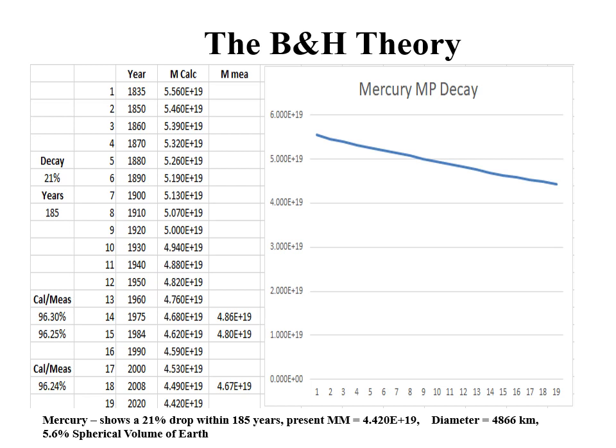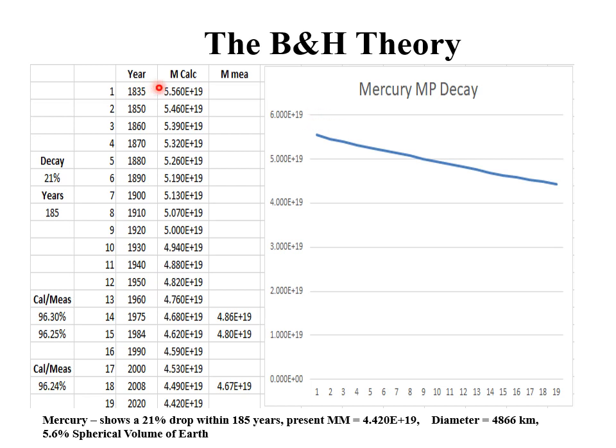Here you have one at 21%. And what we're going to find is that these are perfectly aligned with the B&H theory, and that they are all decaying in accordance with the theory and the calculations.